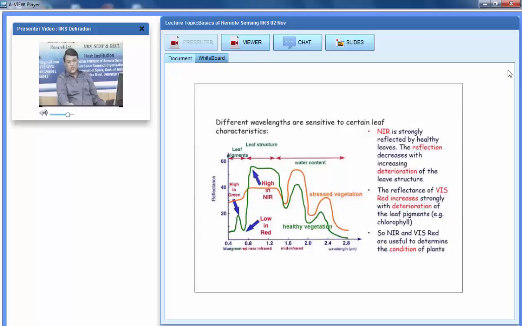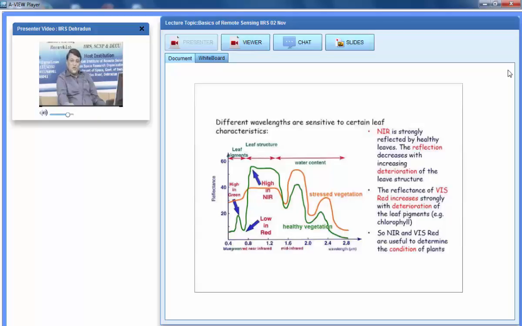Further, in the short wave infrared band, because of water stress or any kind of stress, leaf water content declines. As a result, there is less absorption of SWIR wavelength and more reflectance of the SWIR wavelength. So this different response of the stressed and the healthy crops to the entire electromagnetic spectrum can help you to determine different kinds of indices. It may be the normalized difference vegetation index, SAVI, or land surface water index.